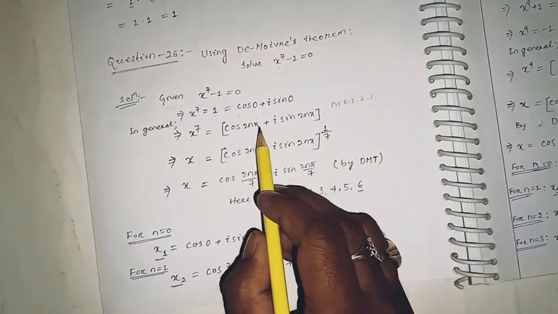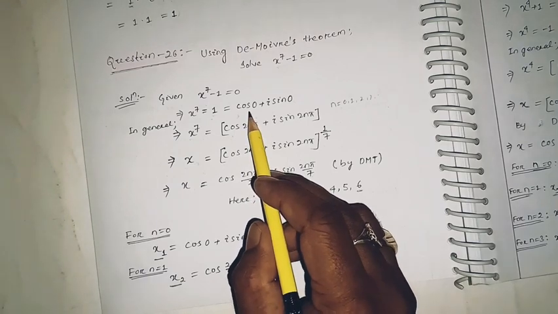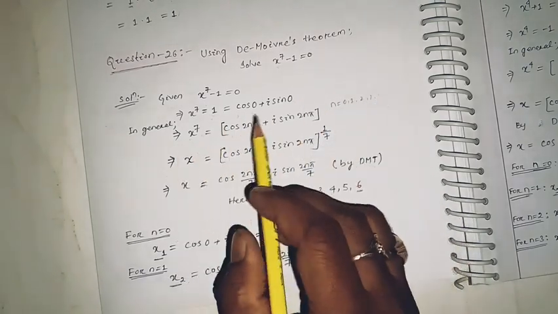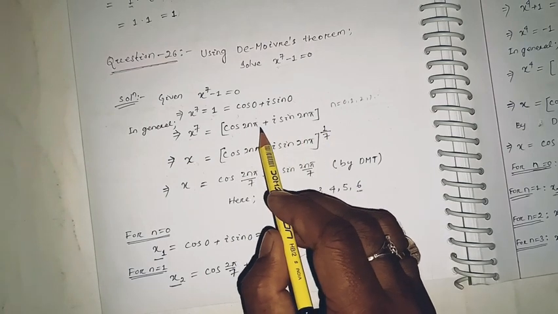So cos of even multiples of pi will be equal to 1, that we know.